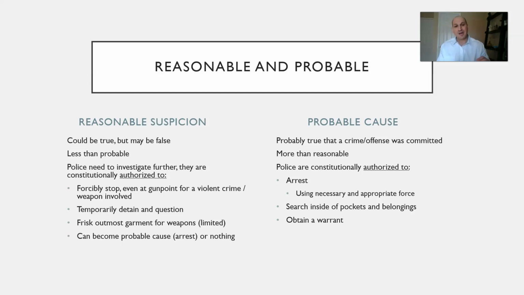Probable cause is that it's probably true that a crime or an offense was committed. It's probably factually true. Right? And this is where people get into a little bit of confusion about the role of law enforcement in our criminal justice system. People will say things like, well, the police can't prove anything, or the police don't have any proof. The police don't need proof. The police need probable cause.